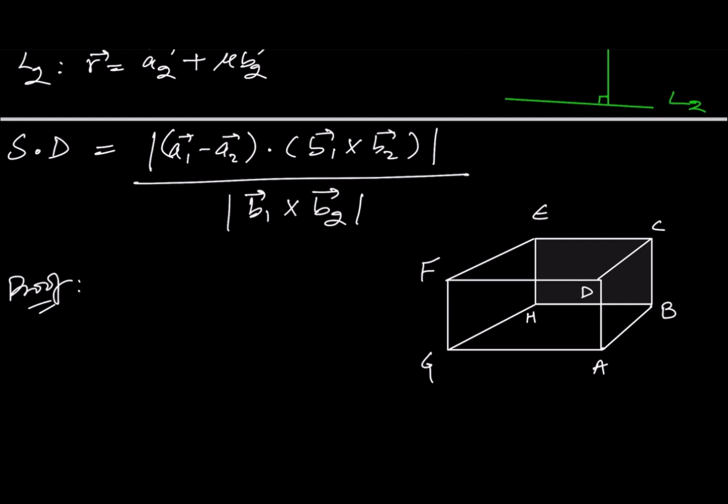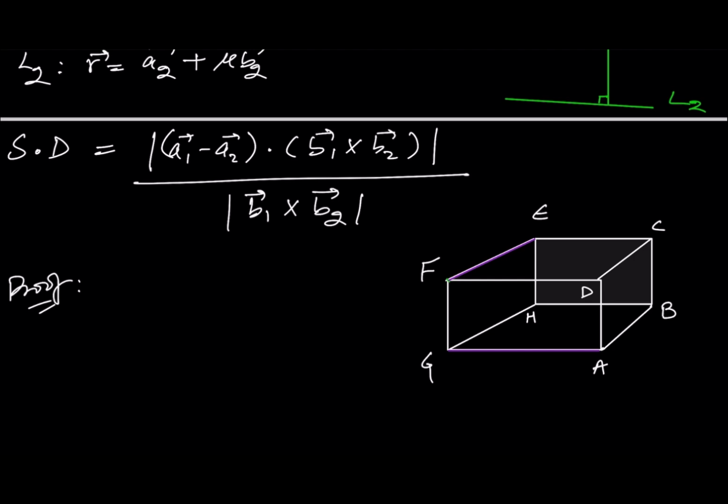In this, lines EF and GH, in this EF and GA are skew lines. So in figure we can see the shortest distance is along GF, or in this case shortest distance is GF.